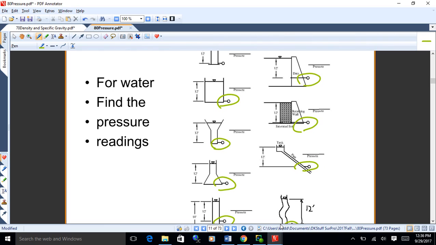So just height in feet times 0.433 gets you PSI. Just that simple. That number should be on your formula sheet too. It's a real common number in hydraulics. It's on the left-hand side in the middle there: a foot of water is 0.433 PSI.